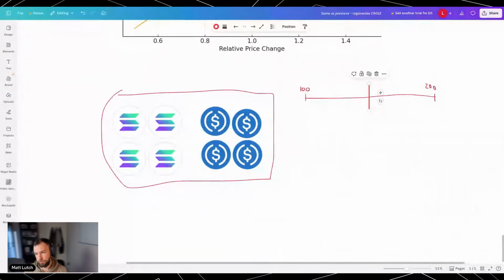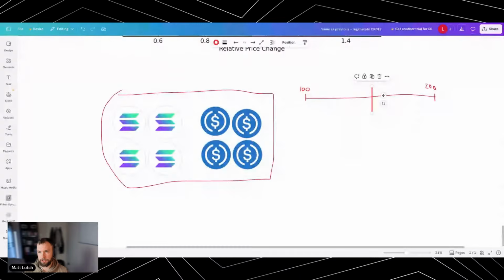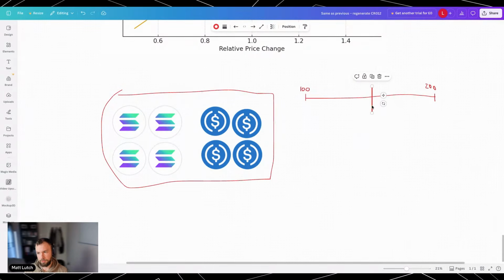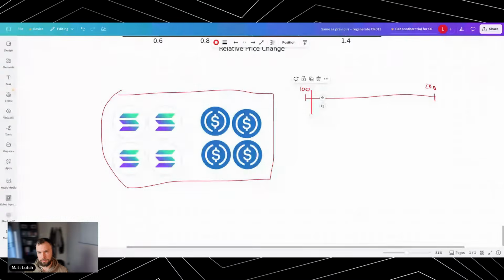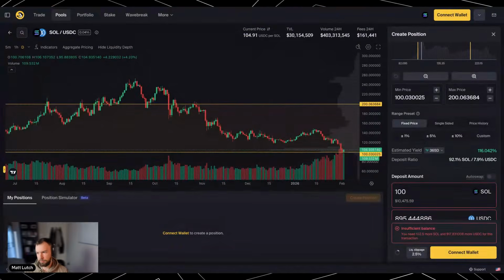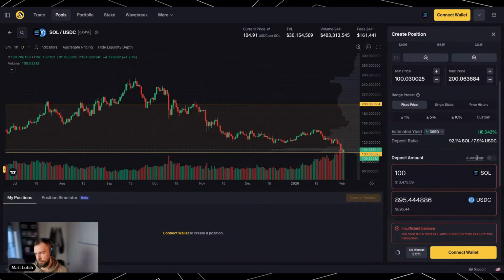So if it goes to the upper side, towards 200, you can easily see on here what would happen. Where we are now, you can see that it's 92% Sol at the lower boundary, 8% USDC. So as it goes down, there is 92% Sol on the lower boundary, 8% USDC.